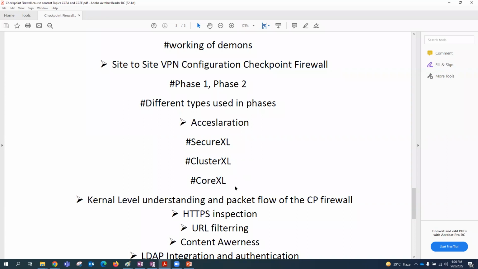CoreXL, if I talk about it, this is the brief I'm giving. The detailed discussion we'll have in classes. In CoreXL, packet processing happens at the core level, more intensively and faster. It can increase your packet processing up to 2 times, right?